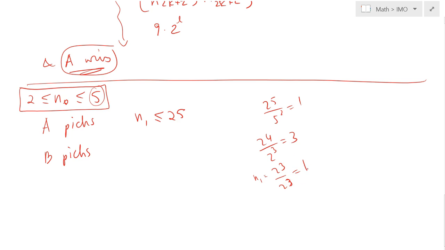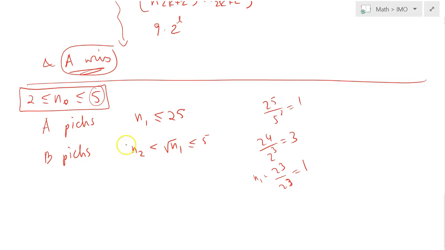So what I'm trying to say is, whenever n1 is less than or equal to 25, we can force n2 to be a number strictly less than the square root of n1, which is less than or equal to 5, right? Do you guys agree with that?